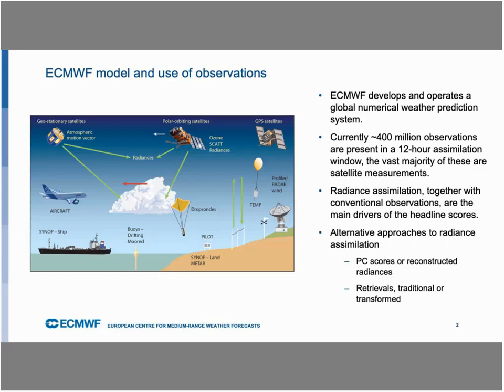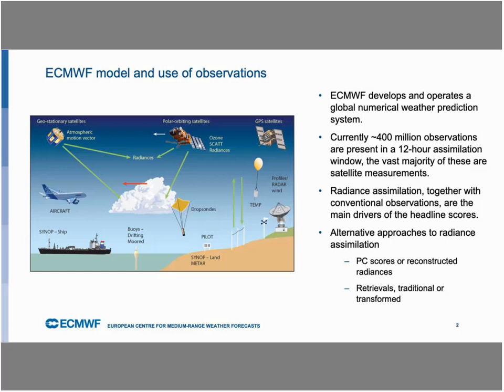So research and investigations are all the time ongoing also on alternative approaches for the radiance assimilation. And there are some different approaches that can be applied. For example, you can use PC score assimilation, or we have very good experiences from reconstructed radiance assimilation. So the PC scores are then actually converted back into the radiance space and then assimilated as reconstructed radiances.